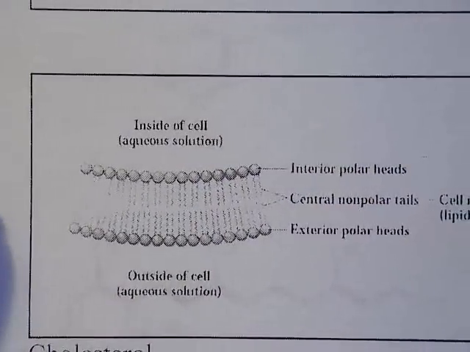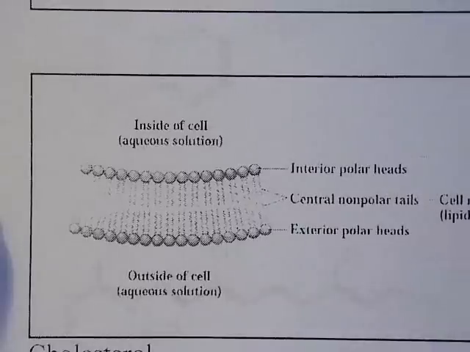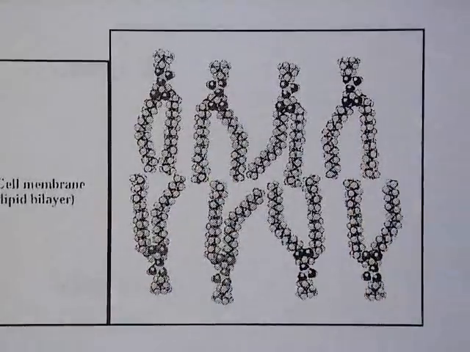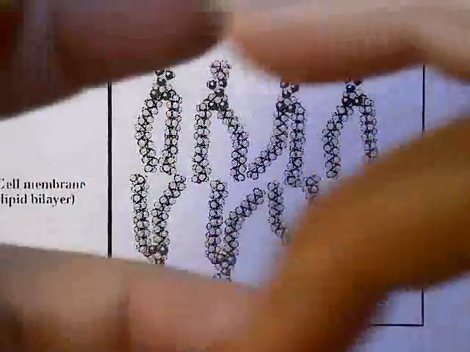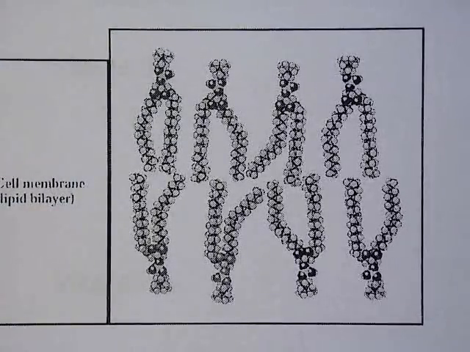This does not allow the passage of polar molecules or ions, because they would have to go through the hydrophobic center. This is a more accurate drawing of how they pack. They form a 3D ball, if you will, and inside would be the nucleus and all those things, and outside would be mostly aqueous based things.